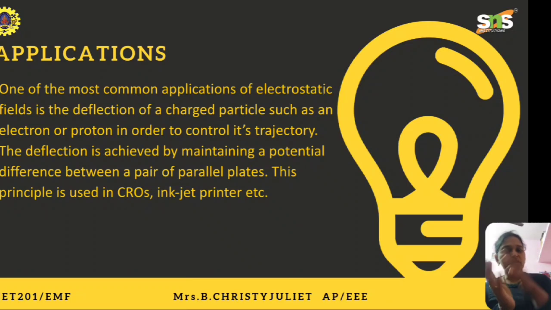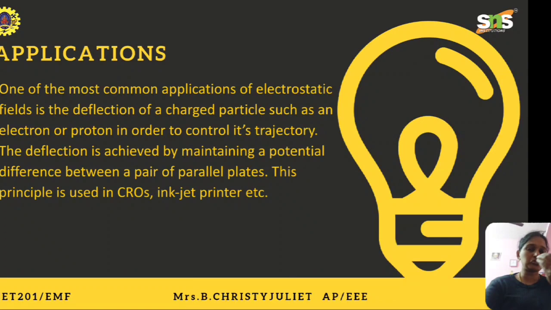The most common application of electrostatic fields is in proton or electron trajectory. If you look deep into CROs and cathode ray tubes, you can come to know about the travelling of electrons, making them travel finely.